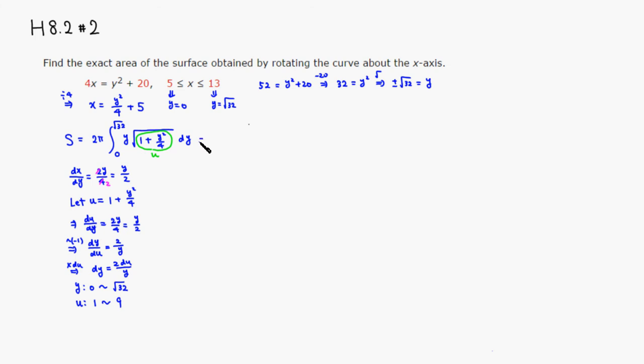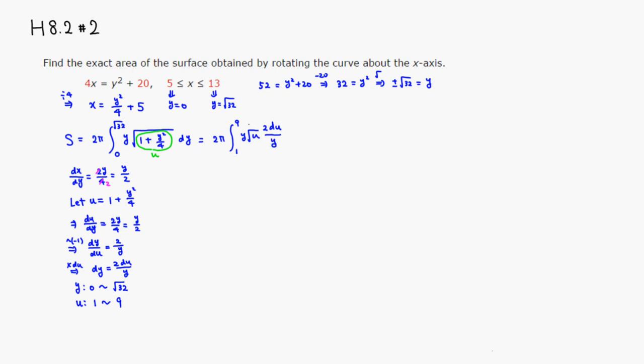So this is going to be 2 pi, which is already there, but now going from 1 to 9. I'm going to leave y here, then you have the square root of u, and dy we just found to be 2 du over y.